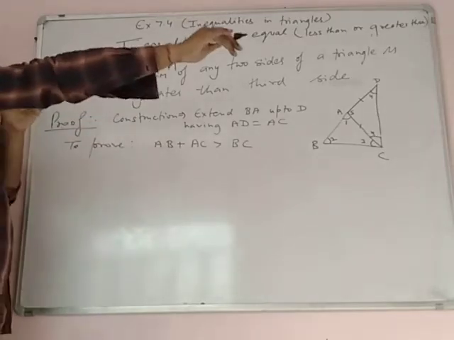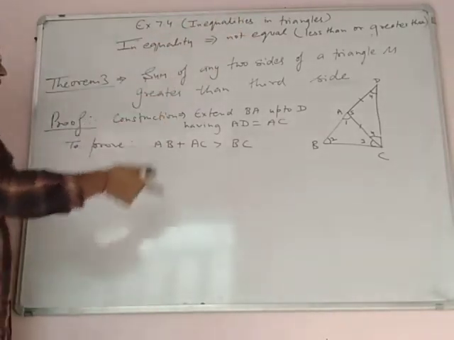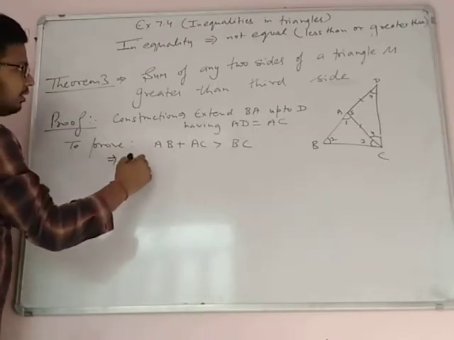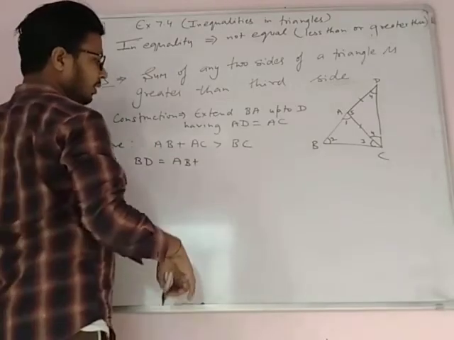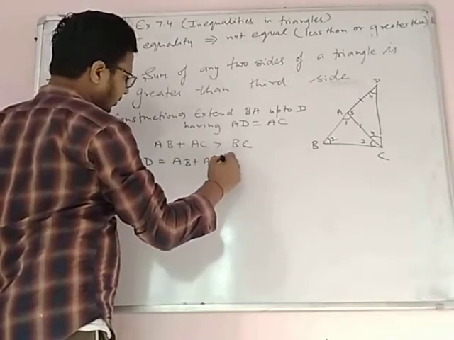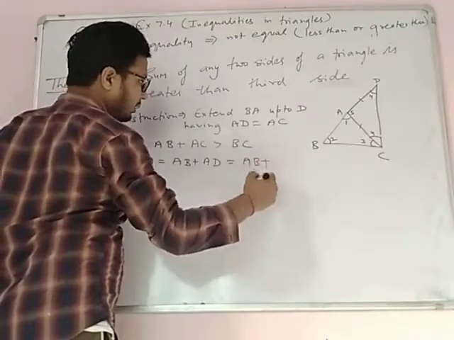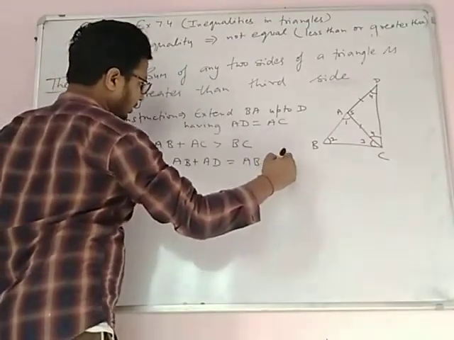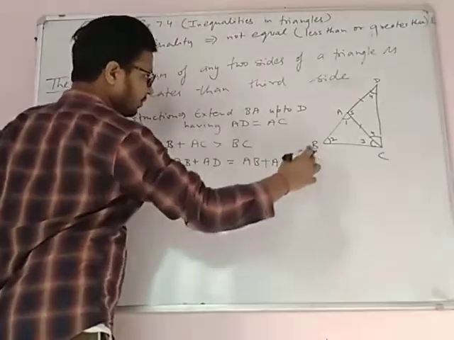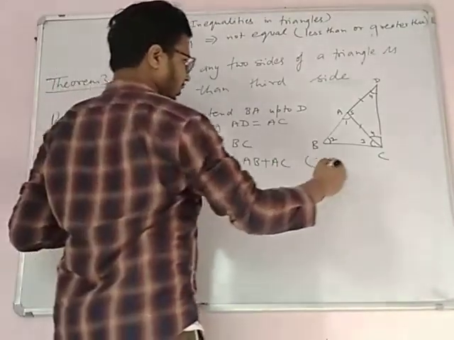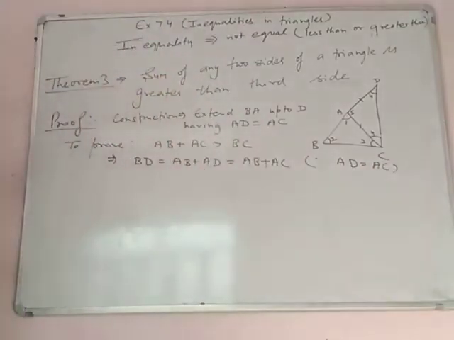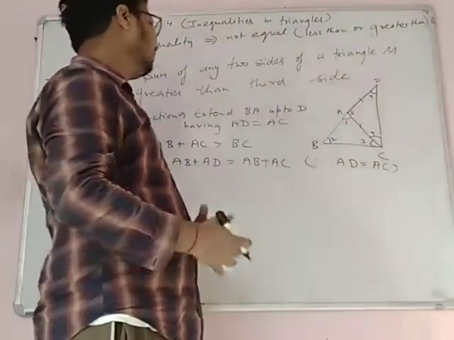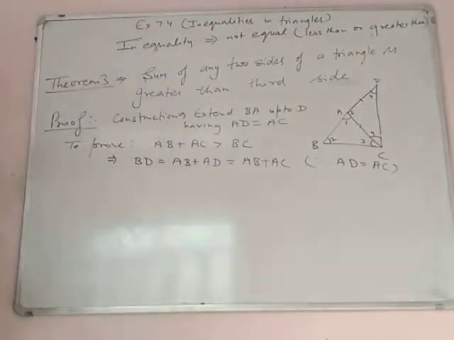Now we will discuss only triangle ABD. Here BD is equal to AB plus AD, which is equal to AB plus AC, because AD is equal to AC. We proved through the construction that AD is equal to AC. So BD is that.